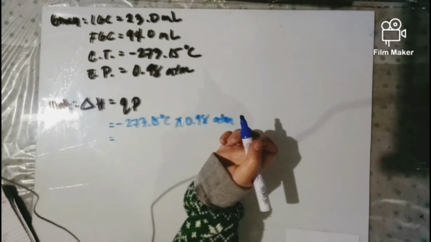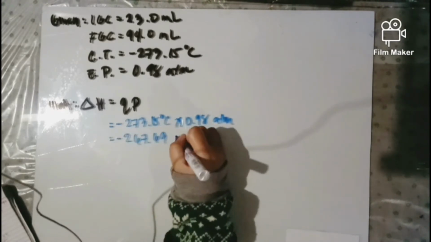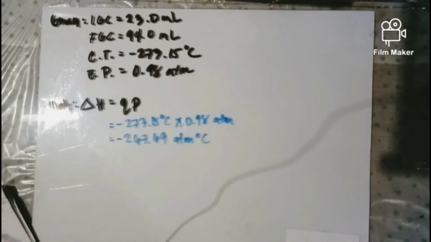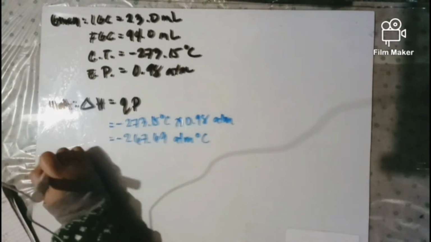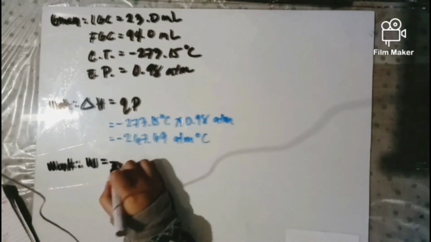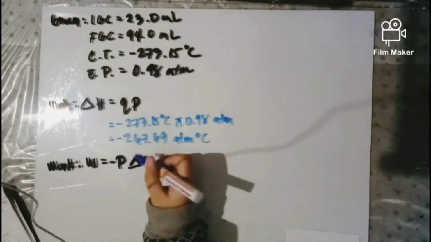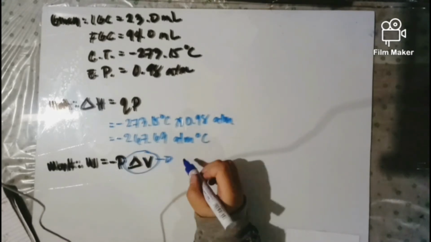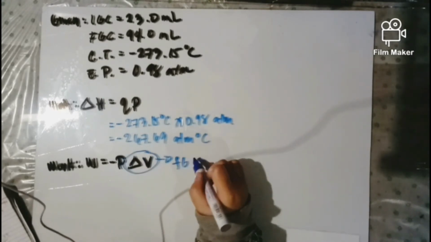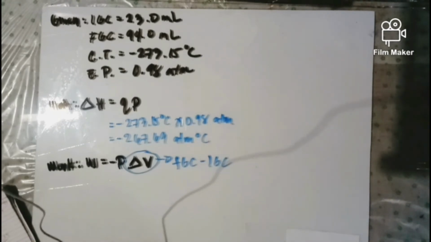It makes negative 267.69 atmosphere Celsius. Now let's proceed to work. Work uses the formula W equals negative P delta V. We can get the value of delta V by subtracting the final gas compressed minus the initial gas compressed.